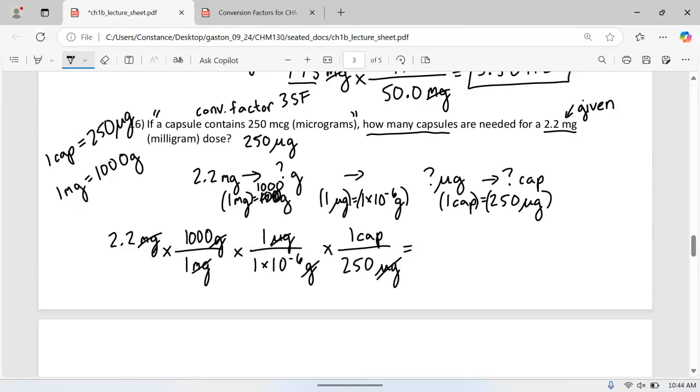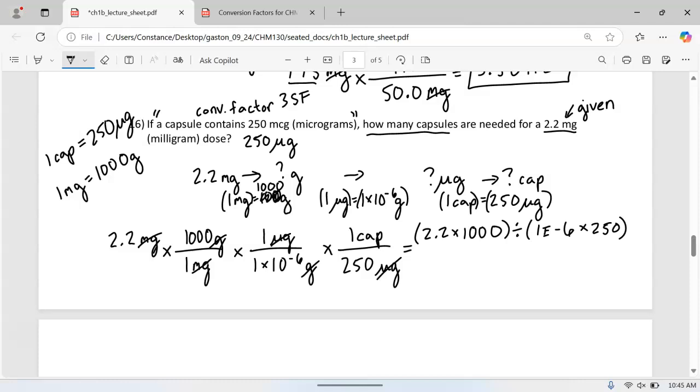In my calculator, if I try to do this all at once, remember that I've got to take 2.2 times 1,000, and it's best to keep that all in parentheses, and then divide by, open a new set of parentheses, and then 1, and then that double E key, -6 times 250, and then close the parentheses.